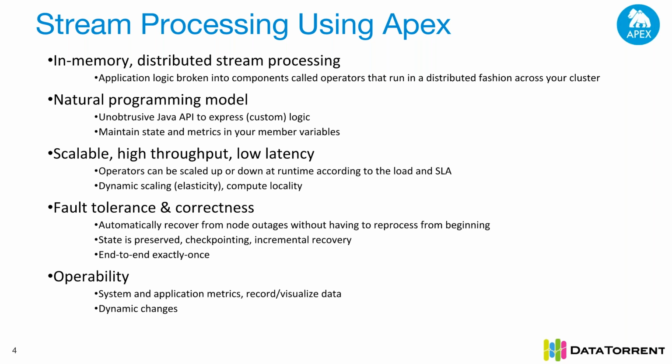Next, Apex is highly fault tolerant and ensures end-to-end exactly-once semantics for the correctness of your generated data. In case of node outages, Apex can recover the particular operator from the previously checkpointed state, so you don't have to reprocess from the beginning again.